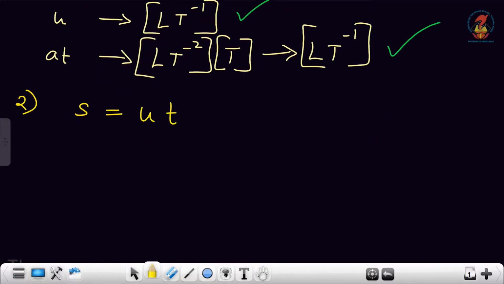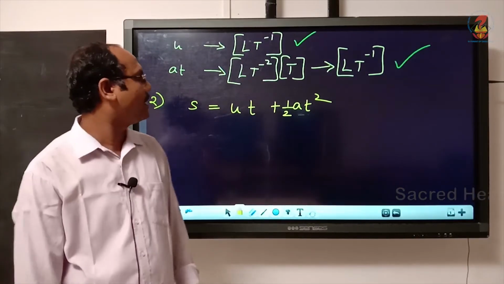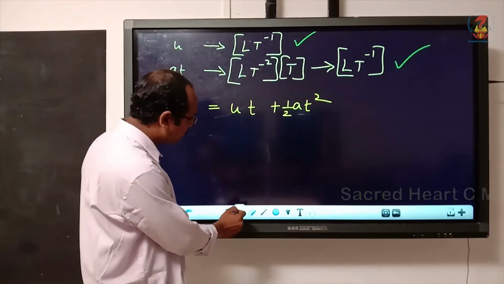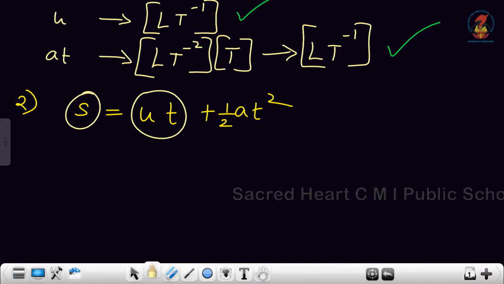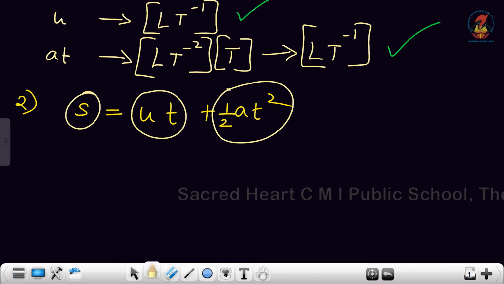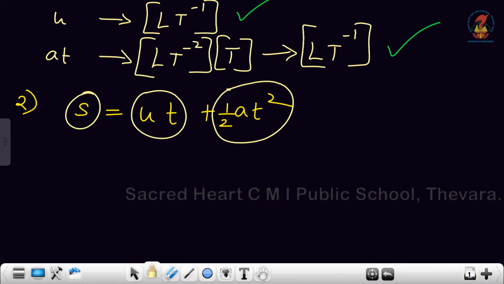s is equal to ut plus half at square. So how many terms are there? First term, second term, third term. There are 3 terms.